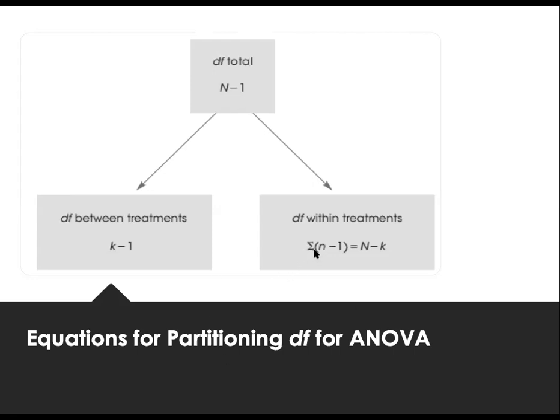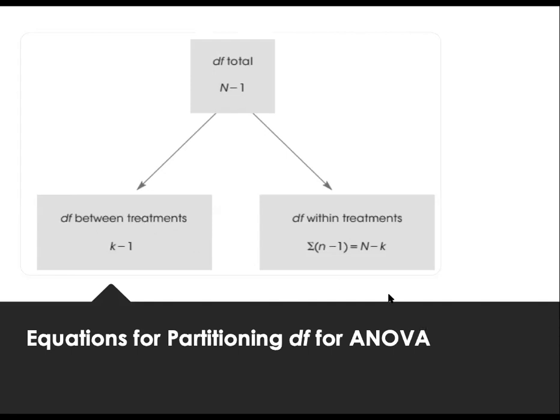So you add up n minus 1. Another way to do it, which should give you the same exact answer, is to use big N minus K. So whether you do it this way, taking n minus 1 for each treatment group and then adding that up, or you do it this way where you take big N minus K, you should get the same number. And that is the degrees of freedom within treatment.